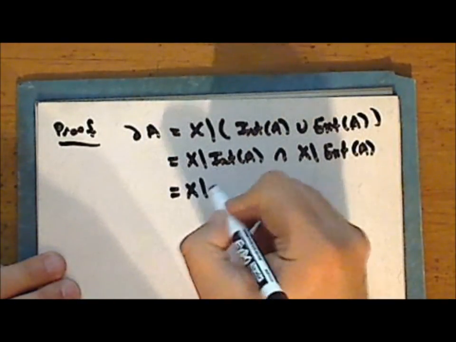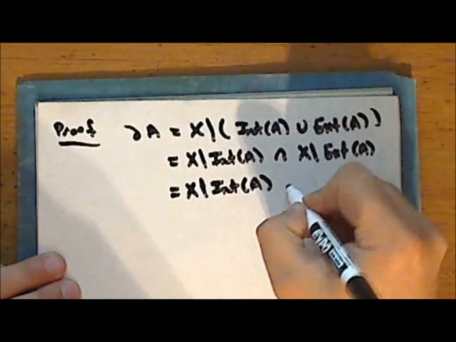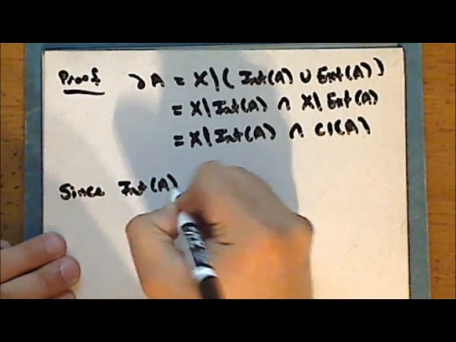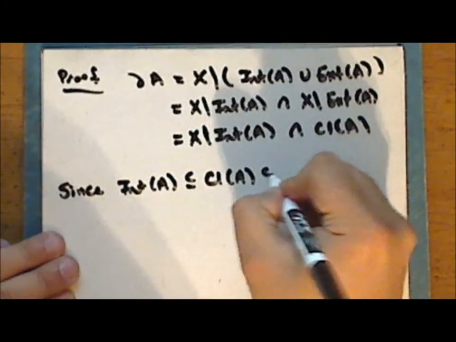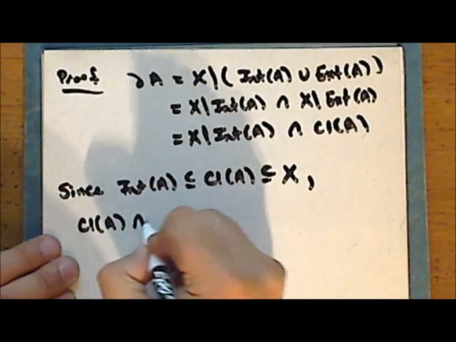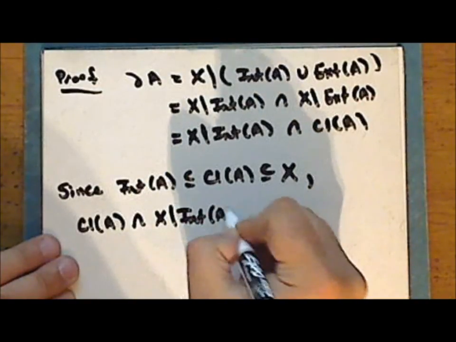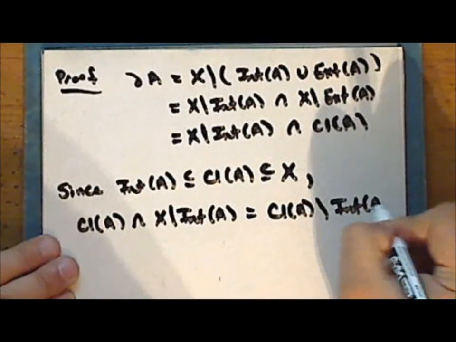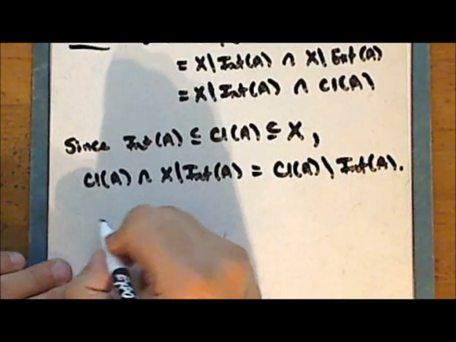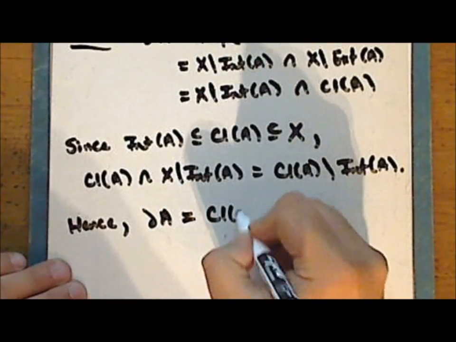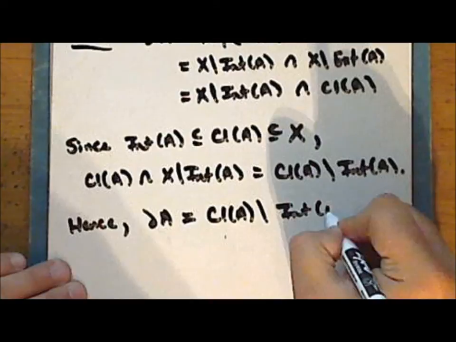And so we have the intersection of the complement of the interior of A with the closure of A. Now, since the interior of the set A is a subset of the closure of the set A, which is itself a subset of the entire space, the closure of A intersected with the complement of the interior of A in the entire space is the complement of the interior of A in the closure of A. And so the boundary of A is the closure of A set minus the interior of A.